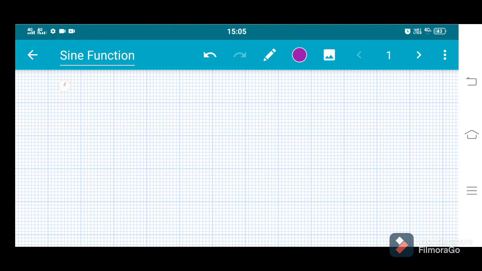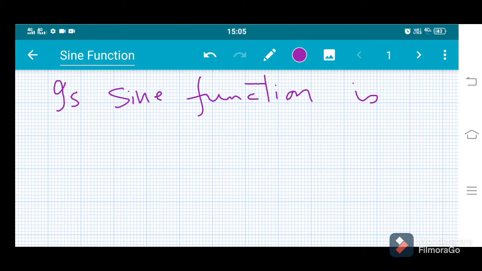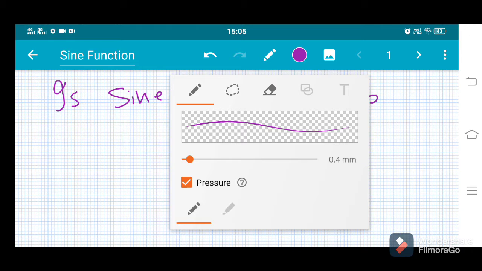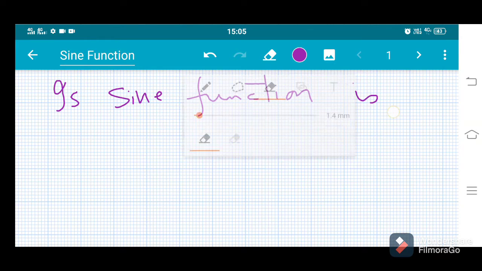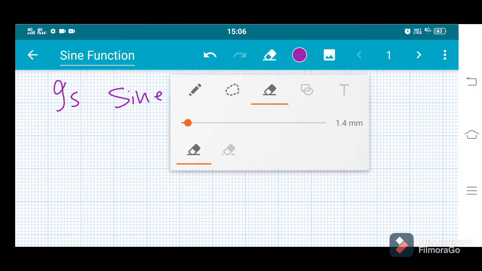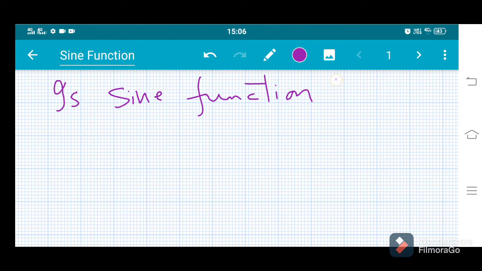The question is: is the sine function bijective? So the answer to this question is clearly no.